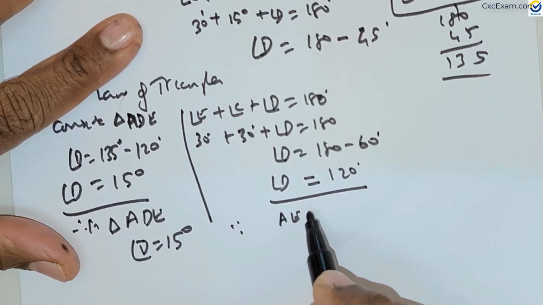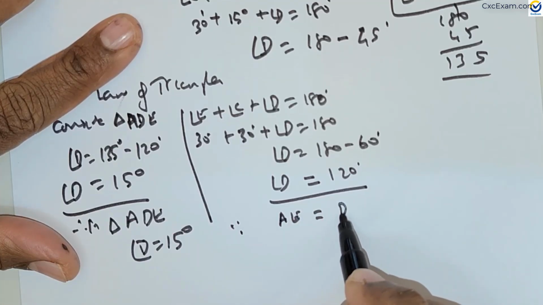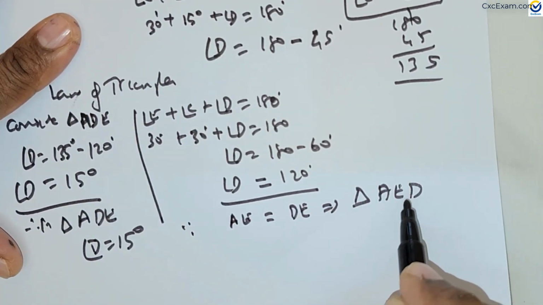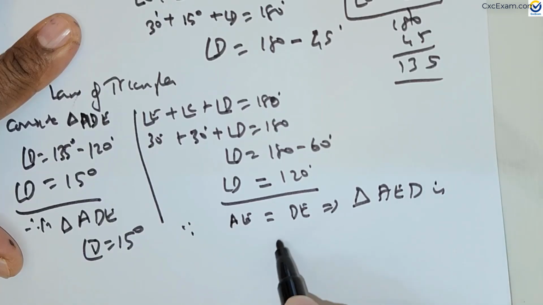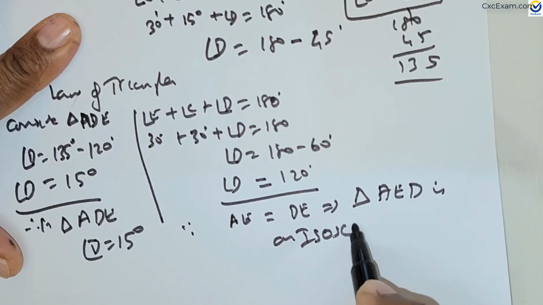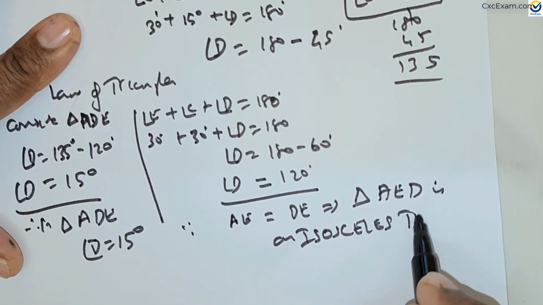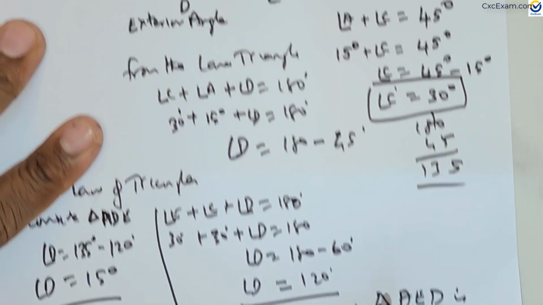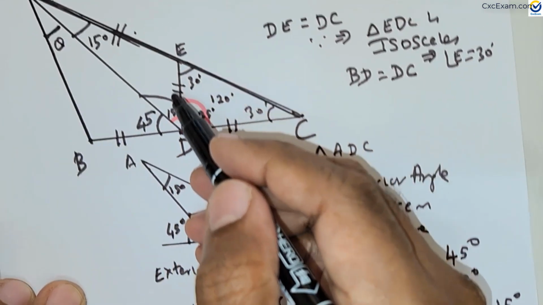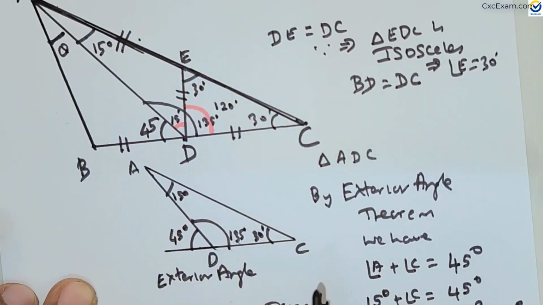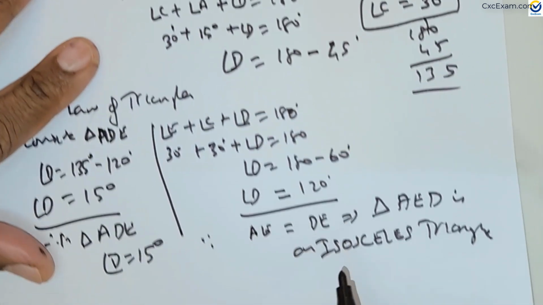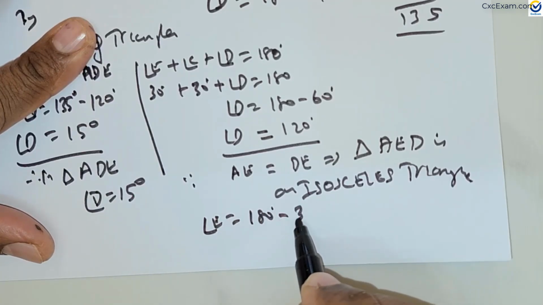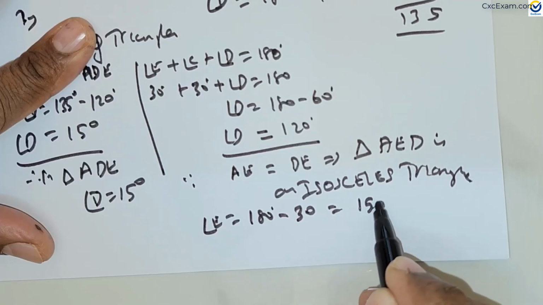Since AE is equal to DE, triangle ADE is isosceles. So now I can get the angle at E. Angle at E is going to be 180 minus 30, which is 150 degrees.